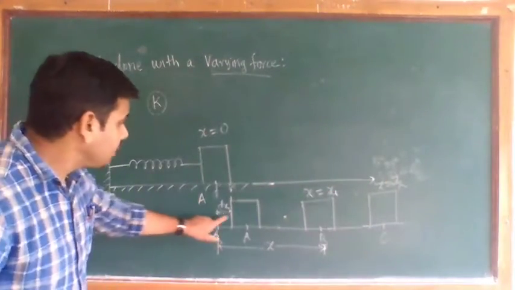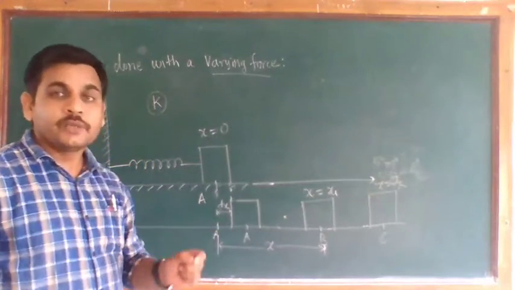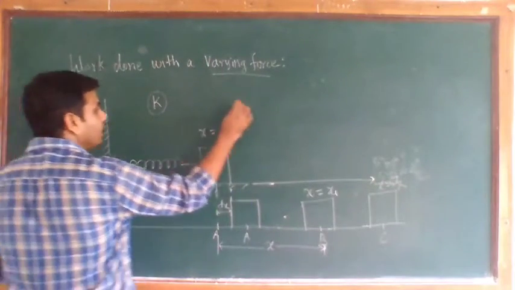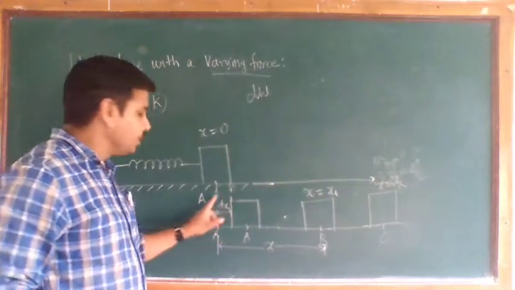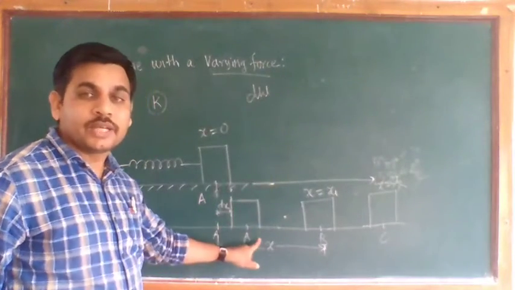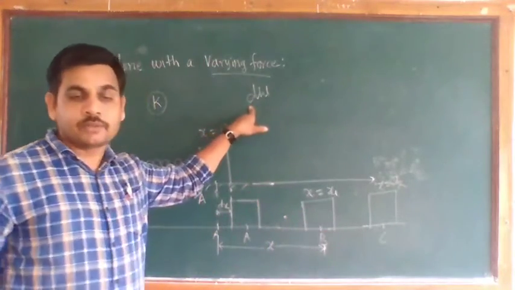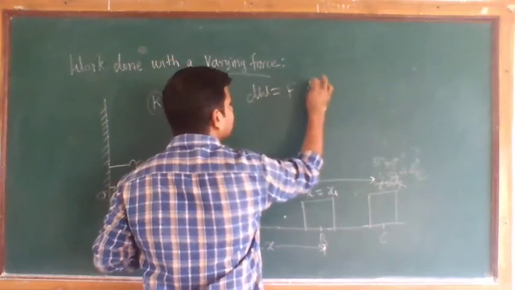In the first condition, when the block is displaced by a small distance dx from A to A dash, the work done is equal to F into dx.